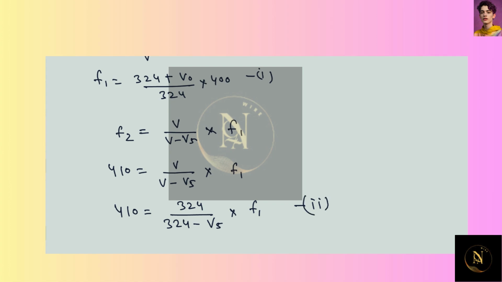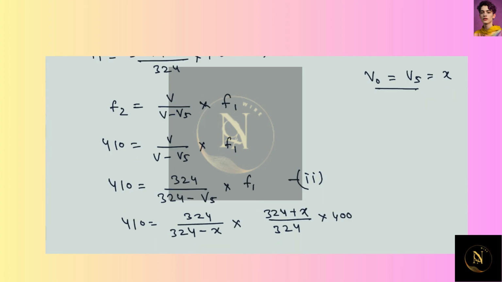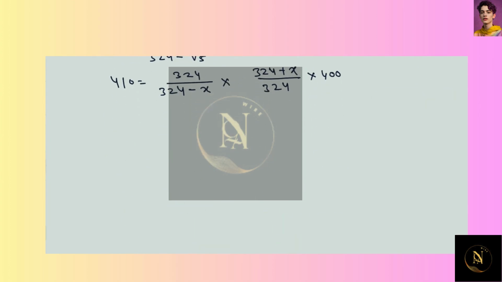Now from these two equations we have to find the value of vs or v naught, which is the same. In the first case it is the observer speed, in the second case it is the source speed, the speed of the car. Let it be x. Then 410 equals 324 divided by 324 minus x, multiplied by f1 from equation 1, which is 324 plus x divided by 324, multiplied by 400.